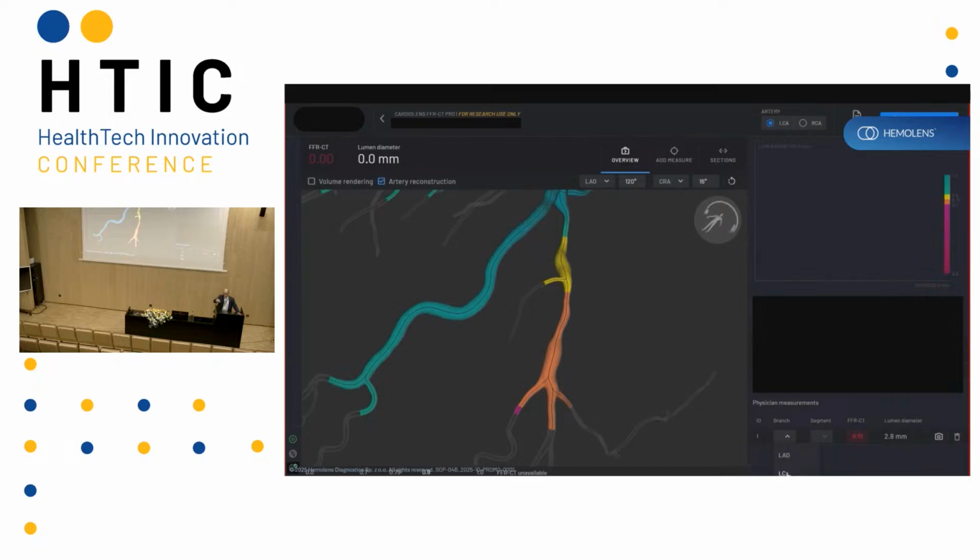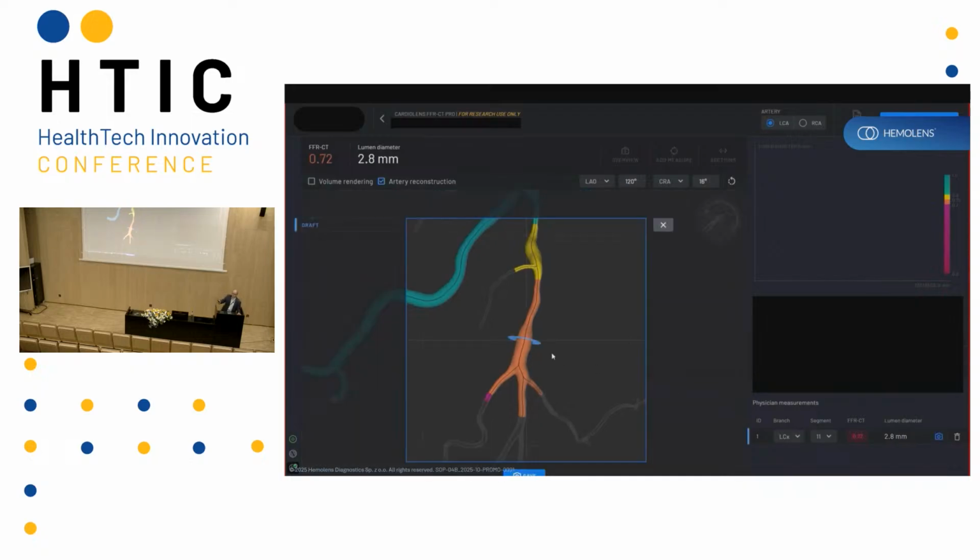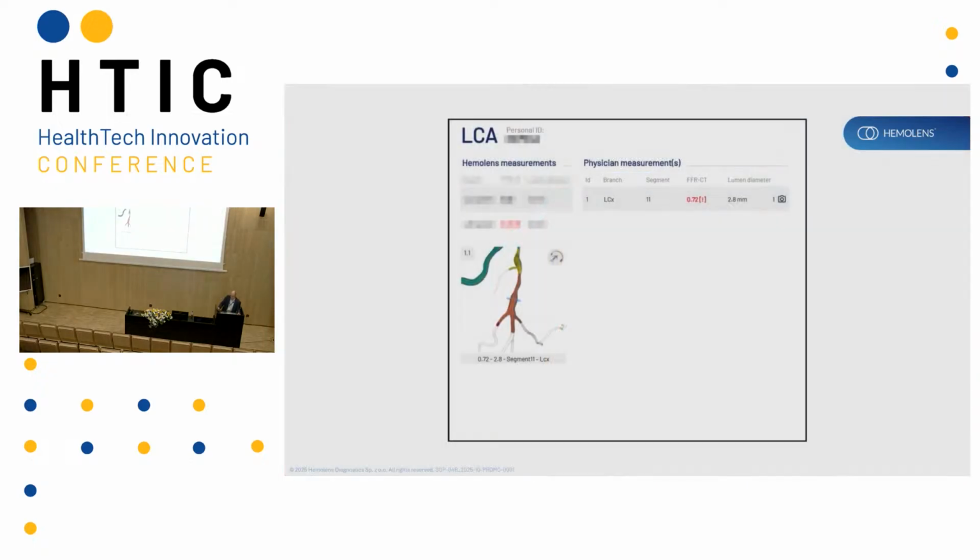You put the pressure transducer and you can measure it only in one place. Of course, there are some procedures with the pullback when you are taking the pressure sensor out, but that's not so common. So now, finally, of course, we can produce the report as well.